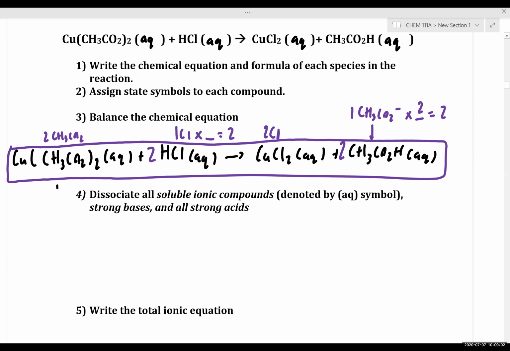So copper acetate. Do I dissociate copper acetate? Do I break apart copper acetate? Is it a soluble ionic compound, strong acid, or strong base? Yes, so we'll break it apart. So we have copper 2+.